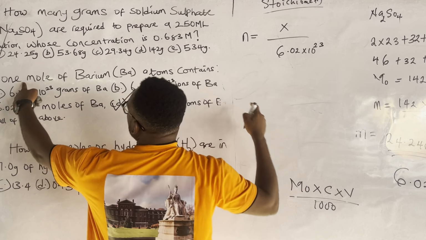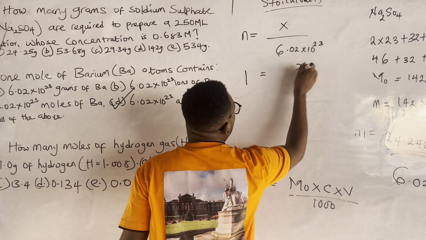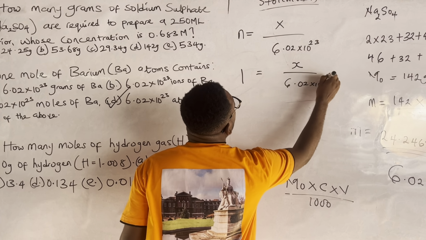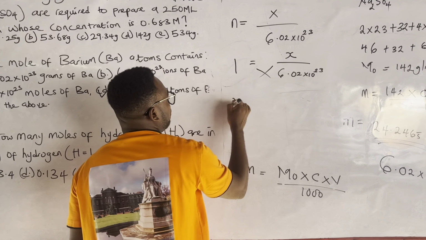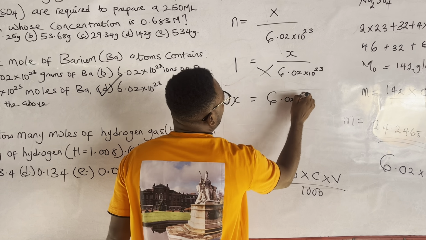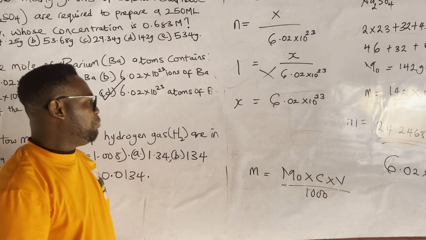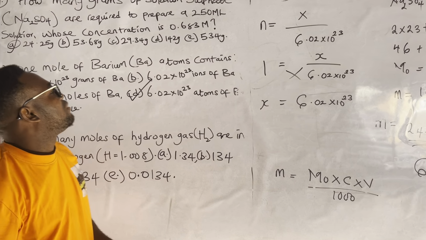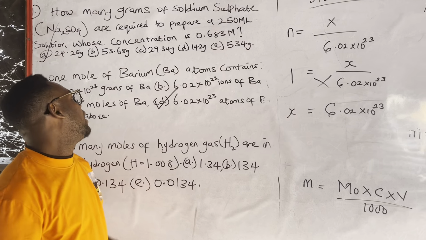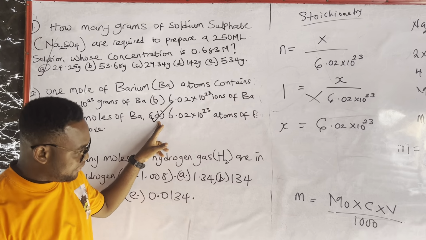So if the question says 1 mole, then 1 equals x divided by 6.02 times 10 to the power 23. If you cross multiply, you get this value times 1: 6.02 times 10 to the power 23, confirming what we picked. But they are trying to test you on the statement of the question, with the statement that is correct. And for such, we pick option D as our answer.